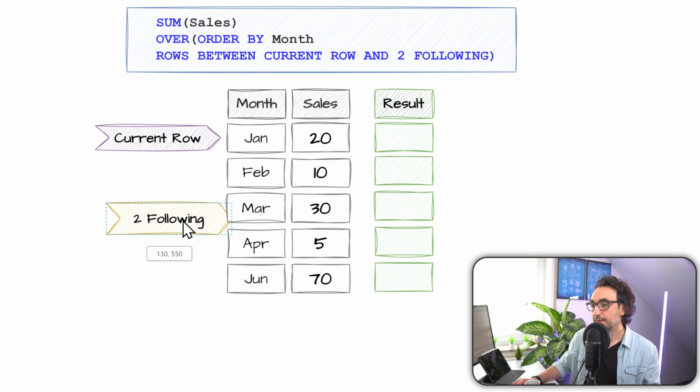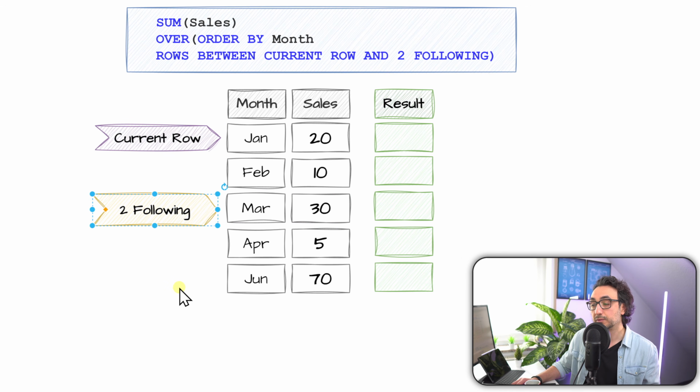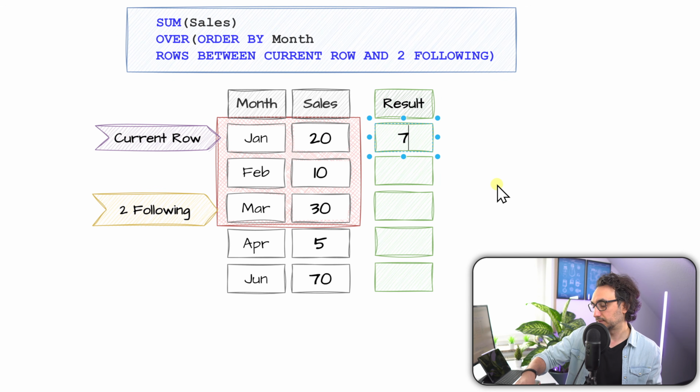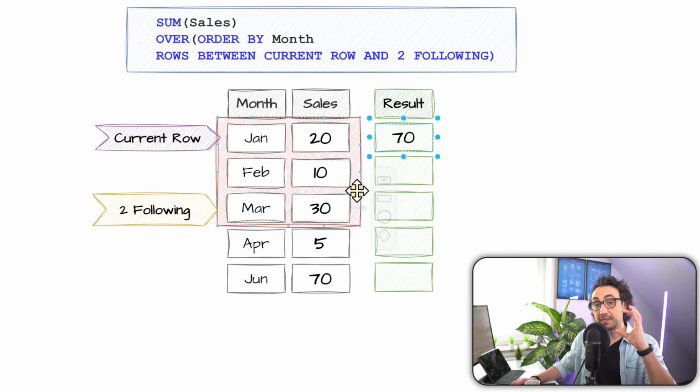That means the pointer is going to be over here for the 2 following. So we have the frame boundaries, and SQL has the following scope for the first row. We have 3 rows, and the summarization of those 3 rows is going to be 70. So we get 70 for the first row because the scope is not all rows, but only this subset of data. Okay, so with that, SQL is done with the first row.